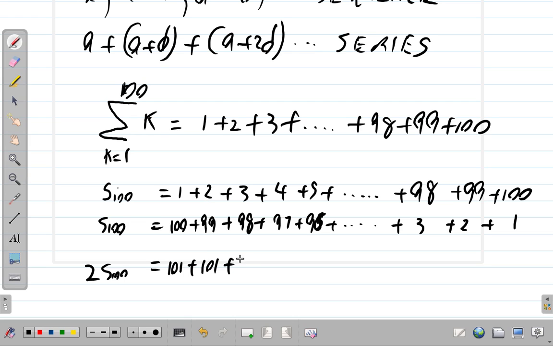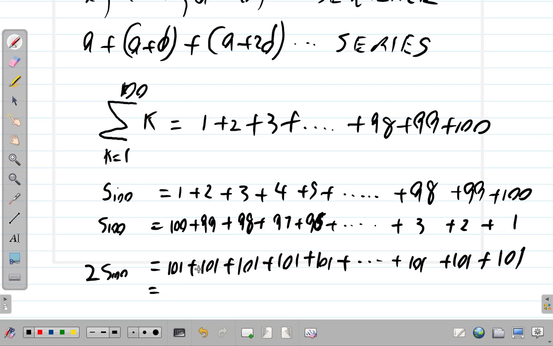Plus 98 plus 3 is 101. Plus 97 plus 4 is again 101. Plus 96 plus 5 is 101. Plus, and so on and so forth. Plus 3 plus 98 is 101, plus 2 plus 99 is 101, plus 1 plus 100 is 101.